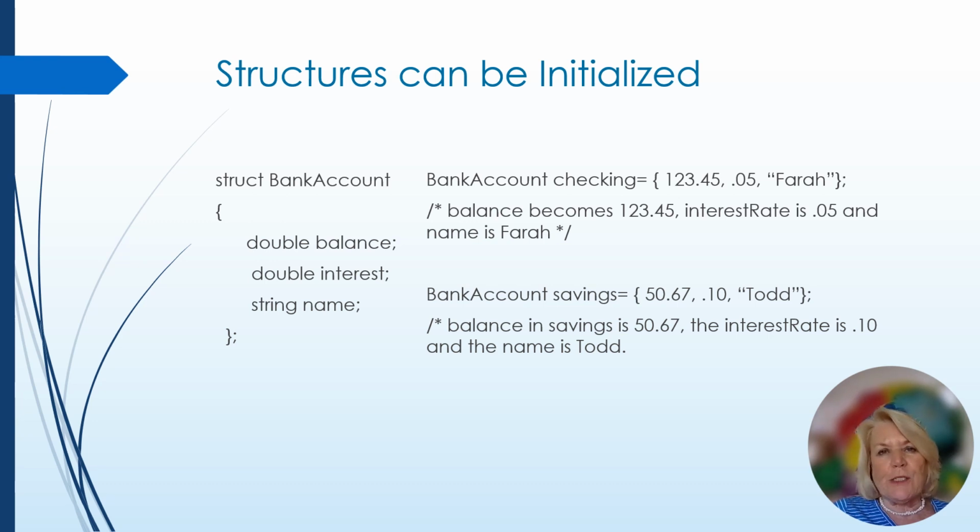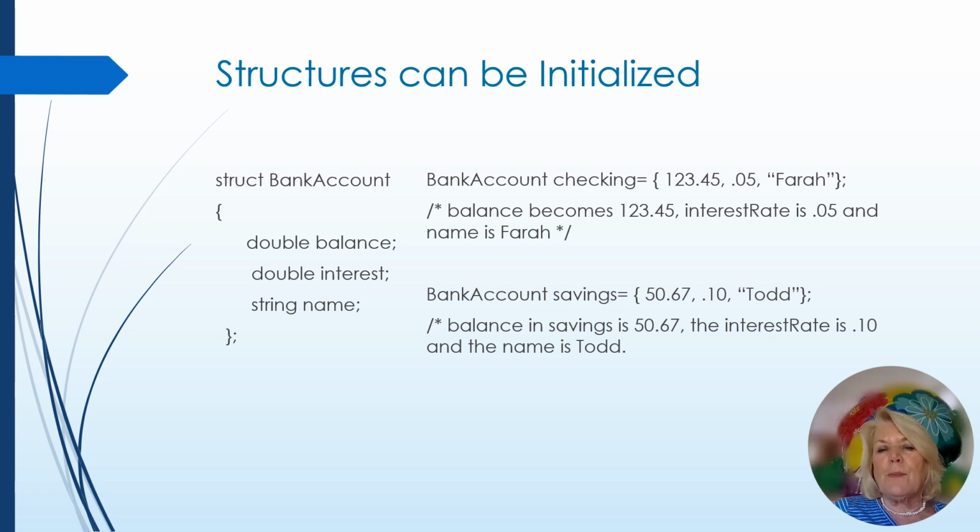Structures can also be initialized, which means they're given values. So on the left, we have our bank account structure with balance, interest, and name. And on the first line on the right, we are creating a structure variable called checking, and we put bank account because it's a bank account structure.